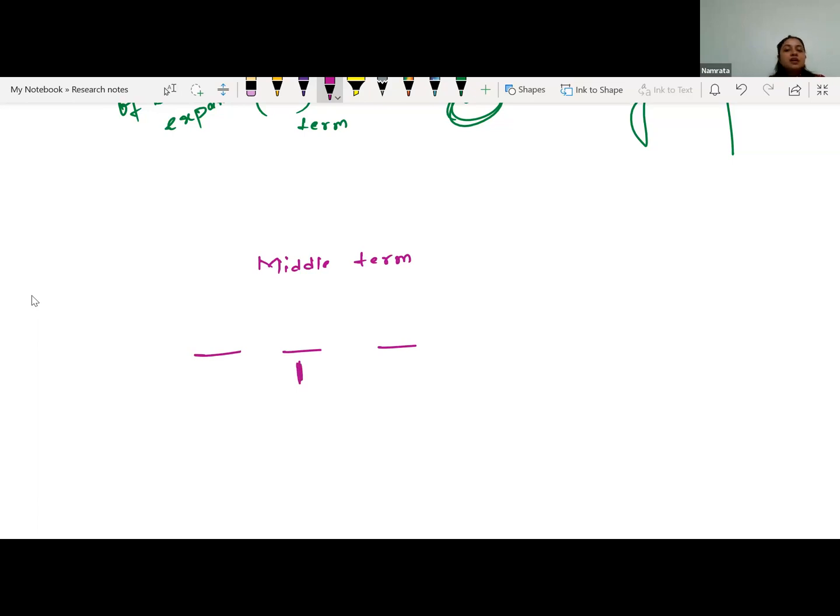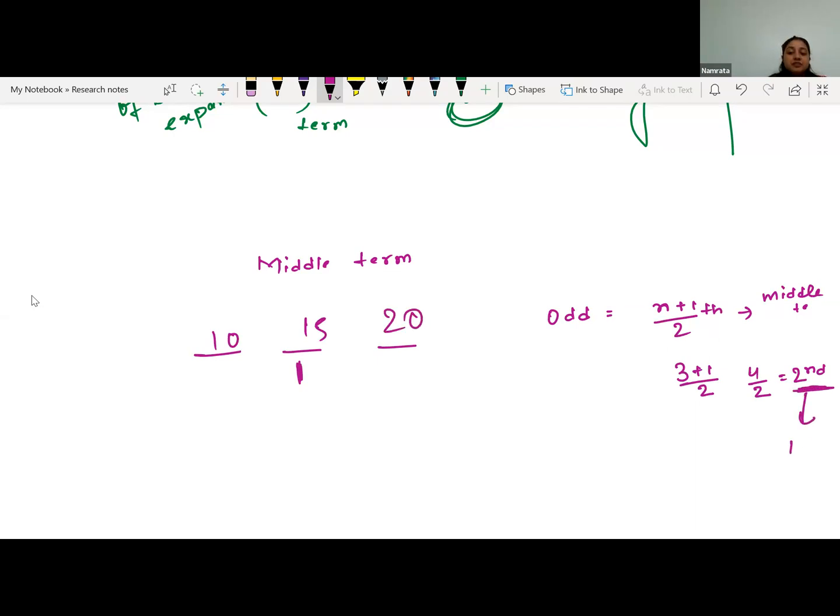When the number of people is odd, there was a formula: n plus 1 by 2th term will be the middle term. So if the number of people is 3, then 3 plus 1 by 2 is 4 by 2, that means the second term is the middle term. If 10, 15, 20 are sitting there, then the second term, that means 15, is the middle term.